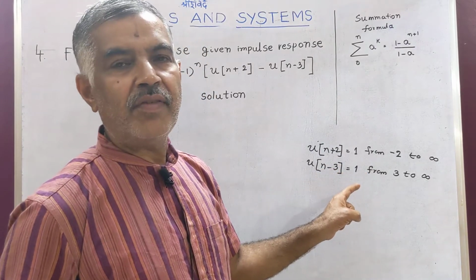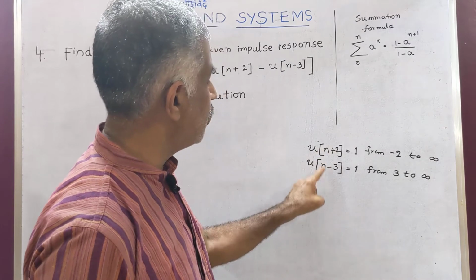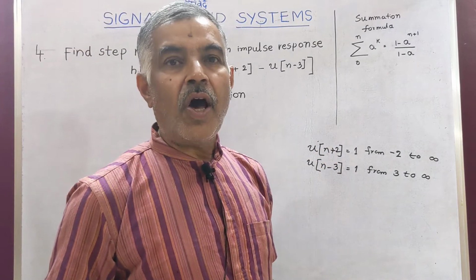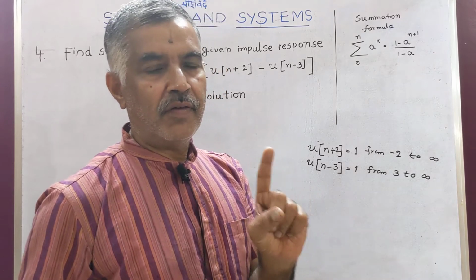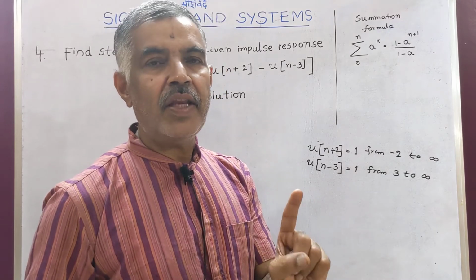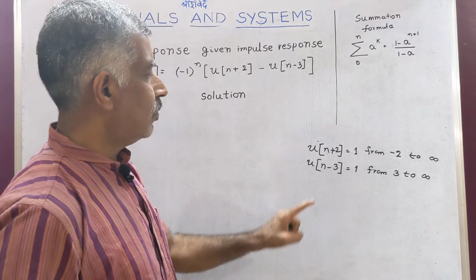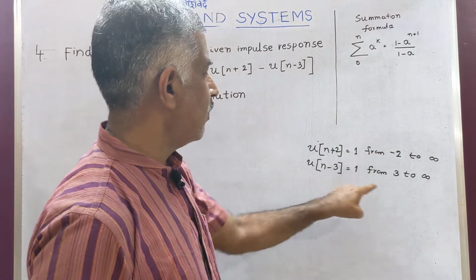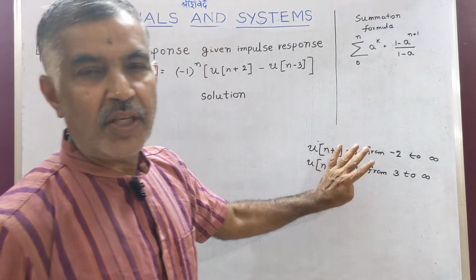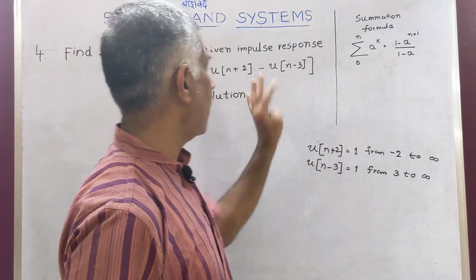Whenever the argument is positive, the value of the function is 1. Whenever the argument is negative, the value of the function is 0. So it counts from minus 2 to infinity for the first, and from 3 to infinity for the second. You have to keep this in mind before solving this problem.